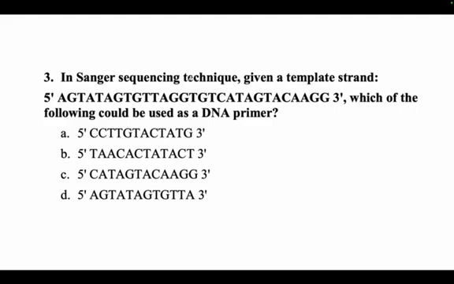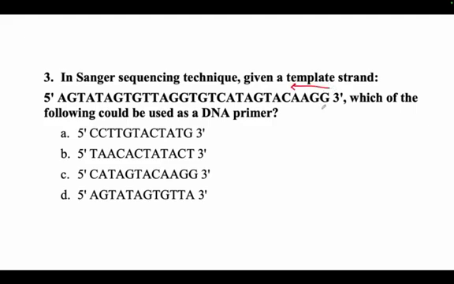In the Sanger sequencing technique, given this template strand, which of the following could be used as a DNA primer? Remember, the template strand they have given is in the 5' to 3' direction. But DNA synthesis on this strand has to go in the 3' to 5' direction.